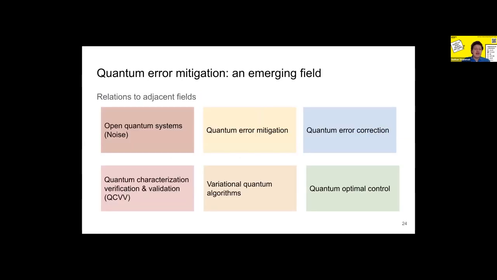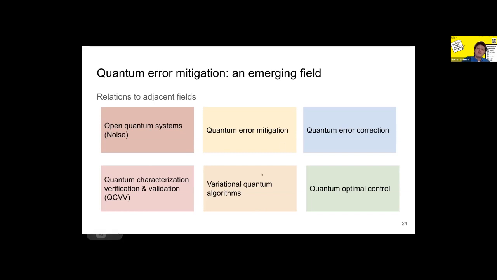So as I mentioned earlier, in the first part of the talk, quantum error mitigation is connected to open quantum systems and noise, quantum error correction. Other things that were briefly mentioned is gate set tomography. This refers to quantum characterization, verification, validation. We also mentioned variational quantum algorithms, and definitely also quantum optimal control.